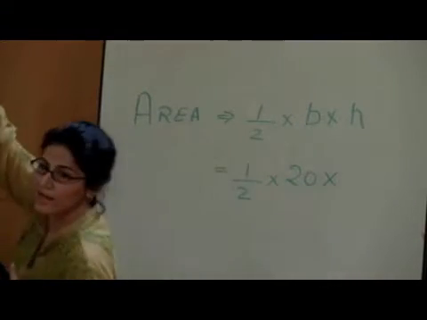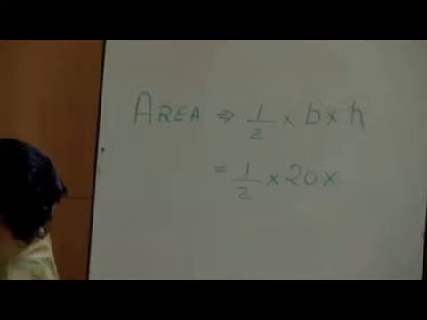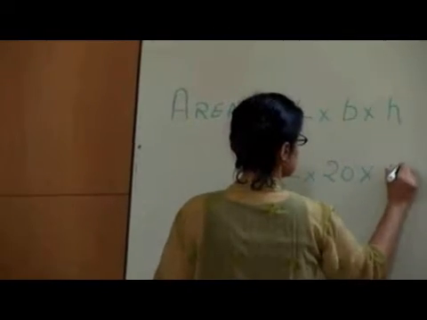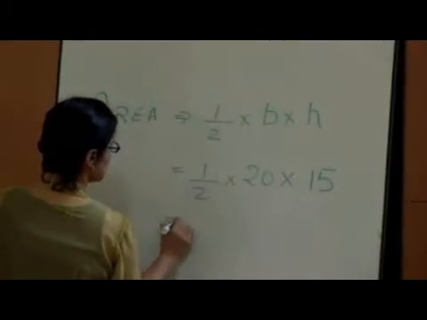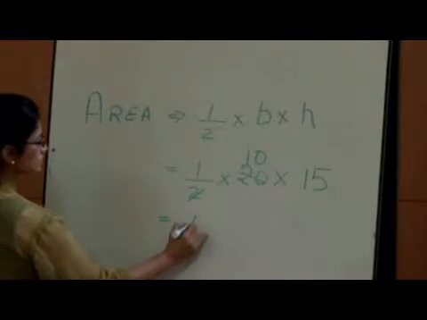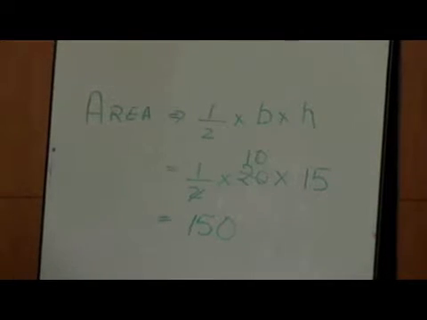And what is the height? Well, thank you, 15 is 25 minus 10, that's your height. So that's your consumer surplus.